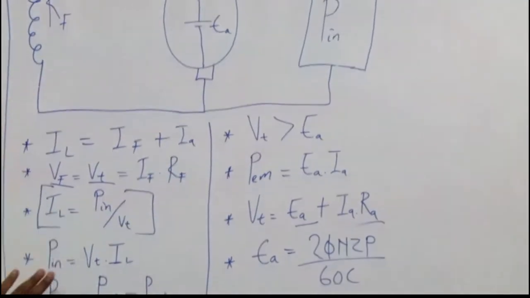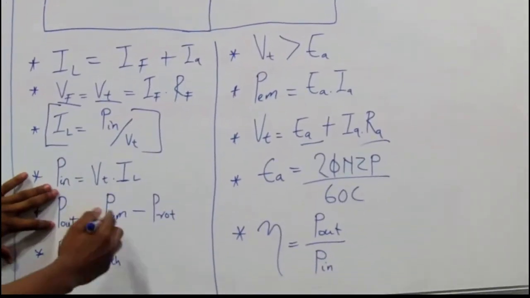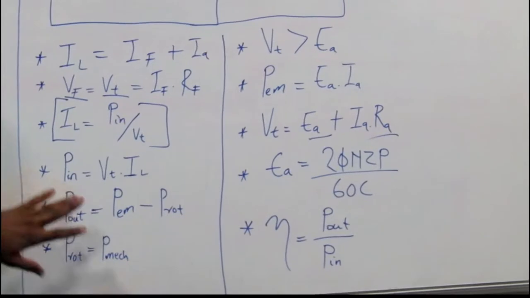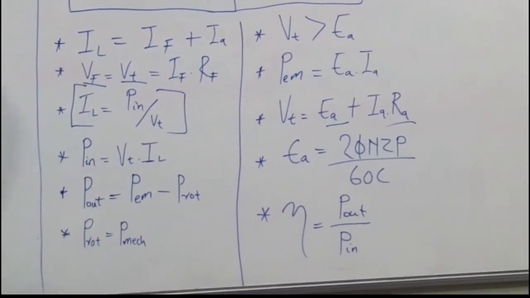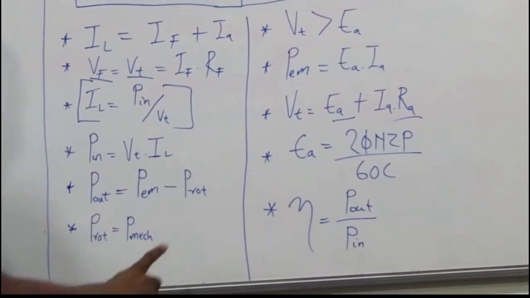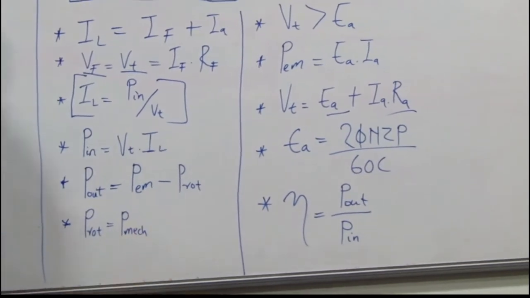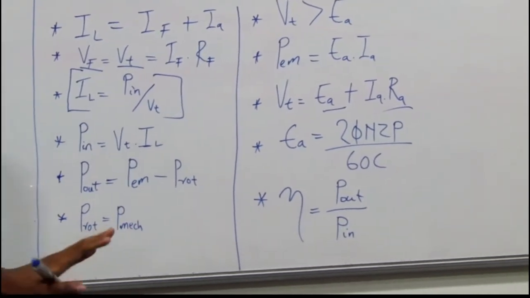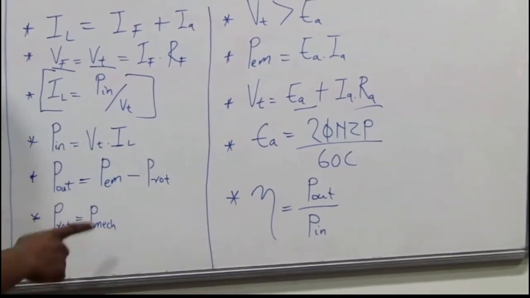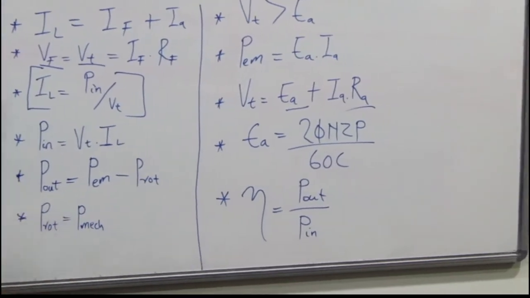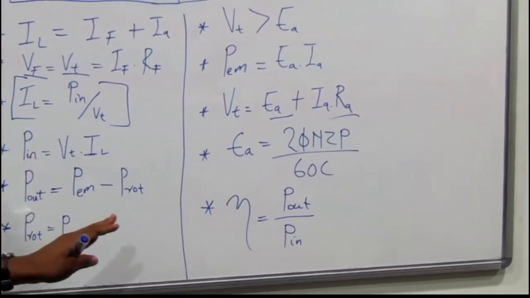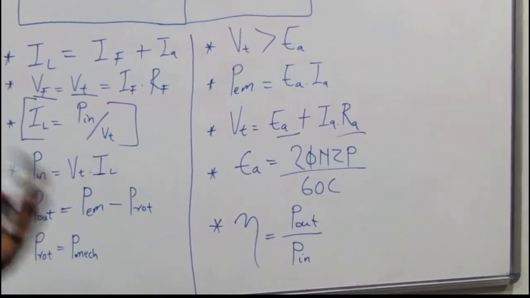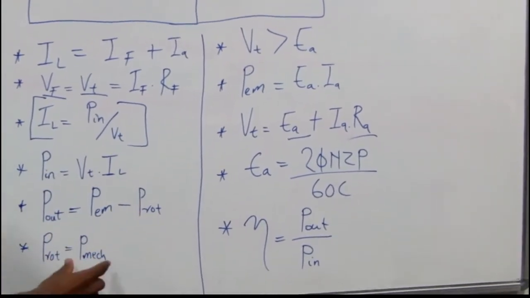Our power output now is going to be PEM minus Prot, where PEM is the electromagnetic power and Prot is the rotational power. You must note that rotational power is equal to mechanical power, and we are usually given a rotational power or mechanical power.